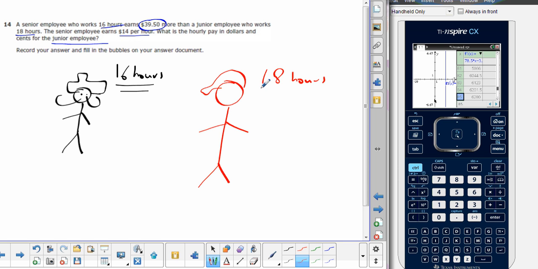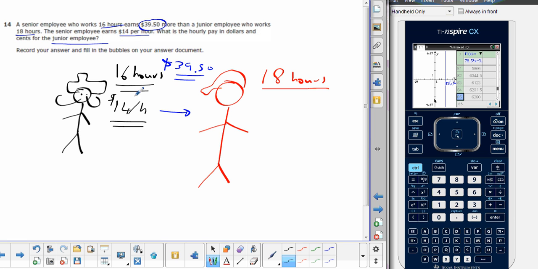So technically, when this man works 18 hours and this guy works only 16 hours, this man makes $39.50 more than this gentleman. And you see, he works fewer hours, makes more money. What else do we know about the senior employee? He earned $14 per what? Hour.